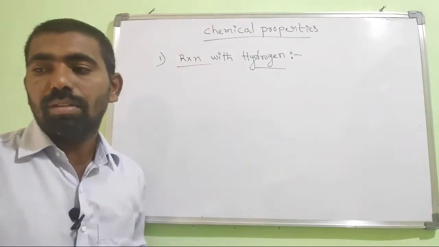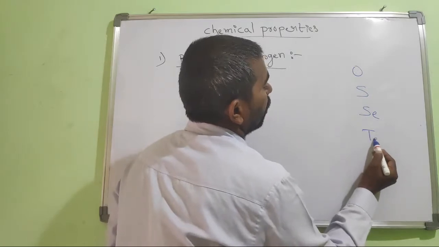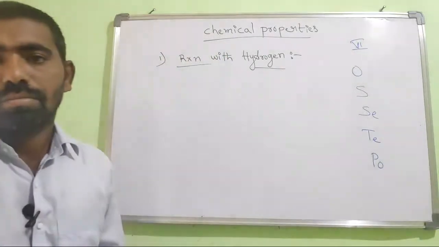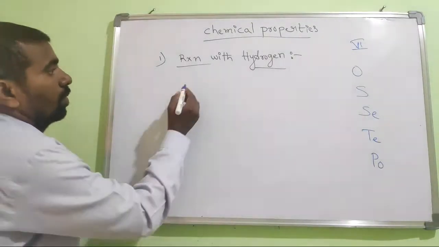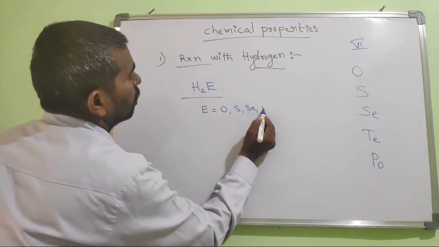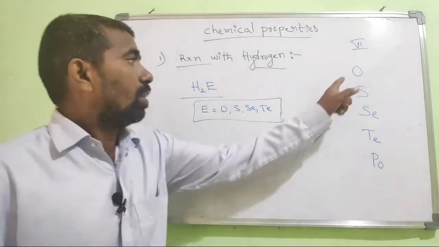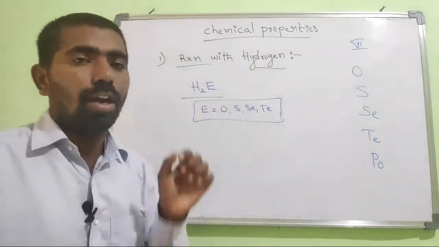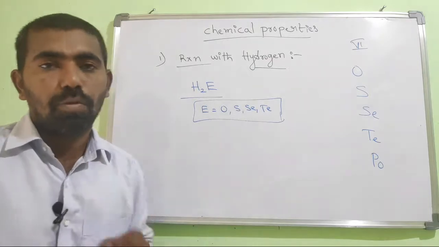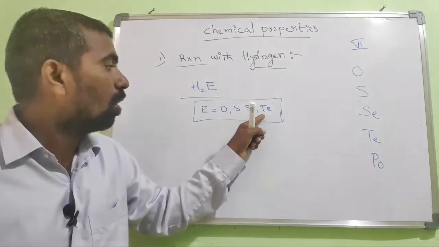First one is reaction with hydrogen. The 6th group elements react with hydrogen and they form H2E type of compounds, and here E means oxygen or sulfur or selenium or tellurium.